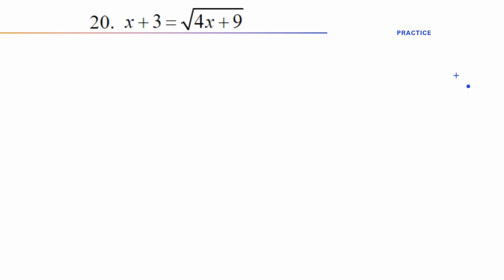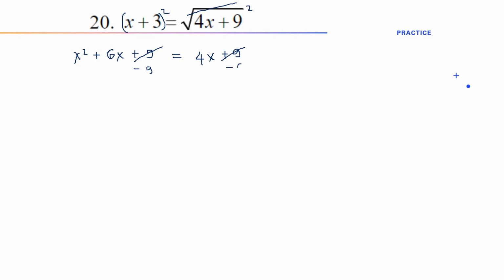Number 20, similar to that one, so we square both sides, get rid of the root. So x squared plus 2 times 3 is 6x plus 3 squared is 9, equals 4x plus 9. We have 9 on both sides. Cancel that.